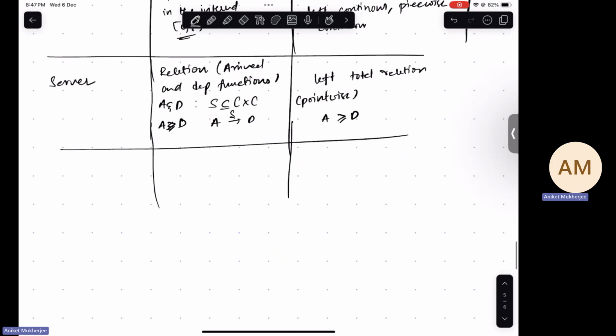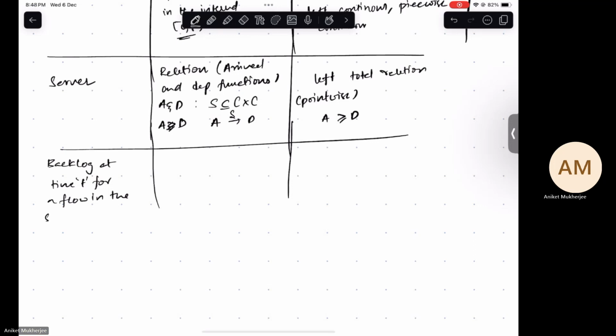Okay, next we looked at the backlog at time t for a flow in the server. So we saw that the backlog is basically the vertical deviation at t.